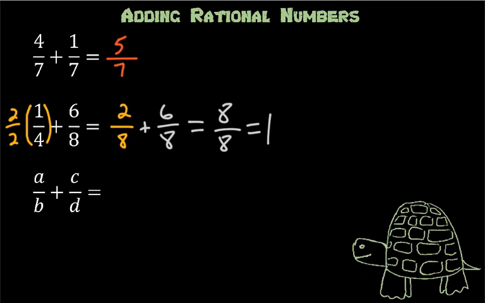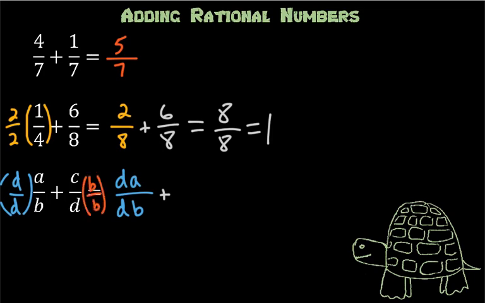Now, sometimes we'll need to multiply both fractions by some form of the number 1. In this case, we didn't need to. In general, we can think of adding rational numbers in that way. So here I'm going to multiply by d over d, and I'll get d times a over d times b. And then we're going to add to that, and we're going to multiply this c over d by b over b.